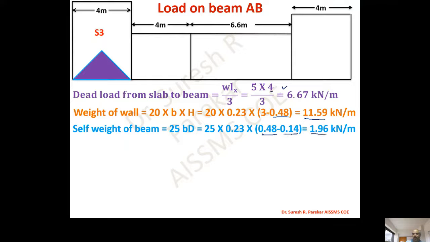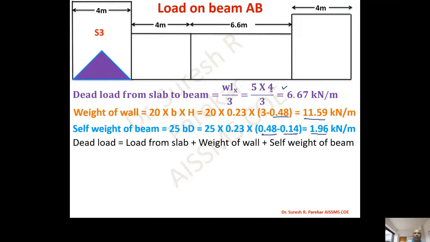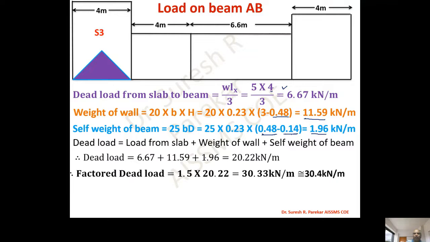We will get 1.96 kilonewton per meter. Therefore total dead load we will get is 6.69 plus 11.59 plus 1.96, that is 20.22 kilonewton per meter, and factored load we will get as 30.4 kilonewton per meter. Now this load we have is on AB.